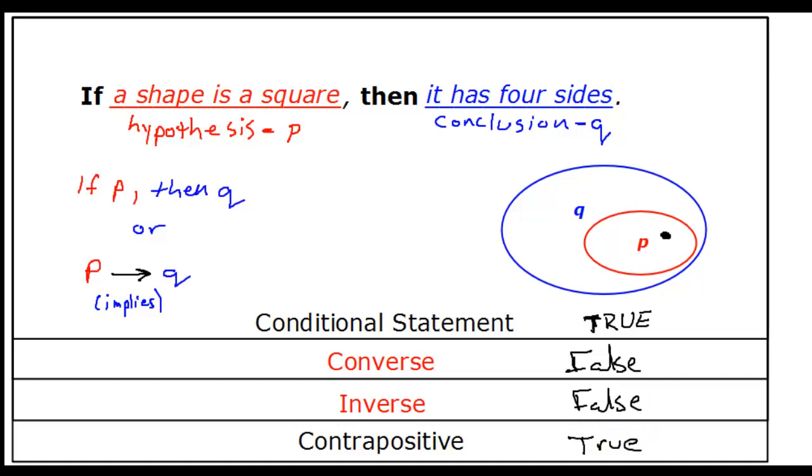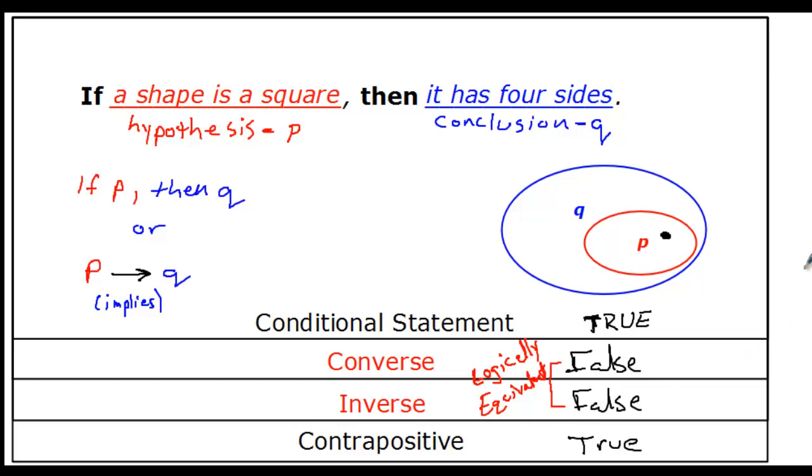Now, the reason we did that, that's a very important reason, is for you to recognize that the converse and the inverse have a very special relationship. They are called logically equivalent.